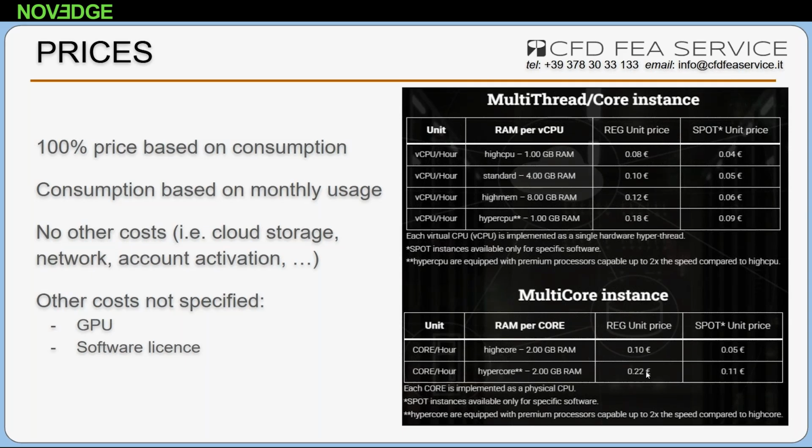So in that case, that can be another cost. And then there is the software license. It's an indirect cost because you must purchase or you must have the software license for commercial software and link it to the CloudHPC to use the CloudHPC with commercial software.